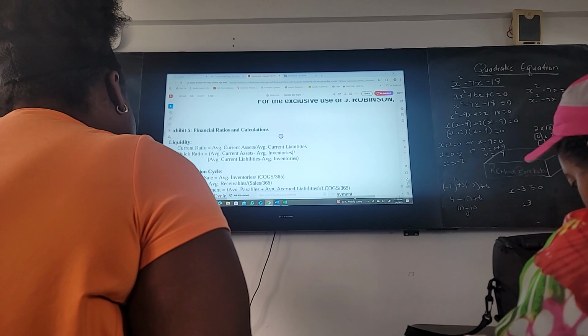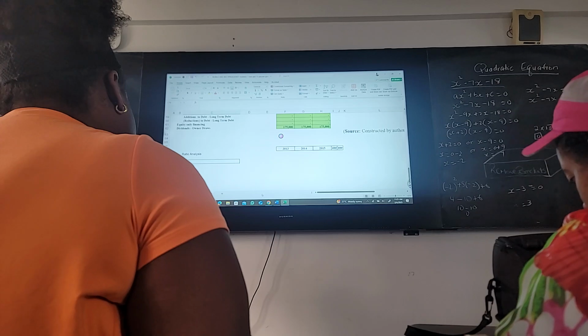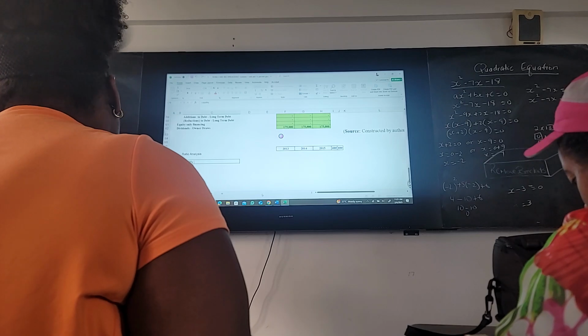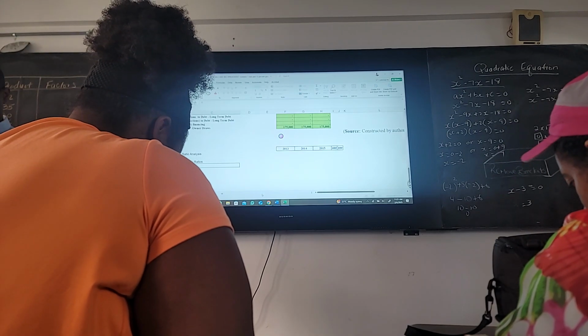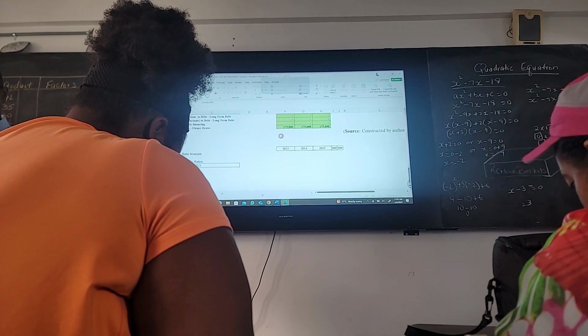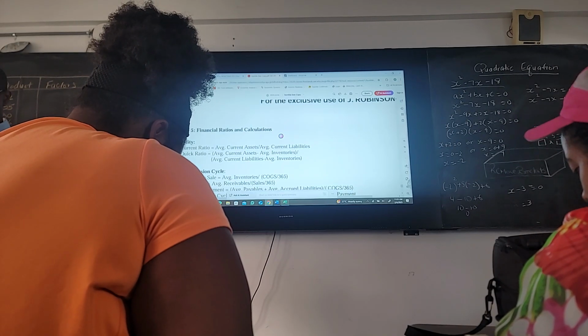Under liquidity, you have two ratios, the current ratio and the quick ratio.